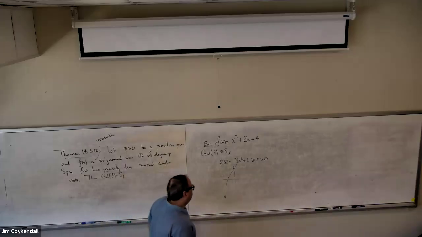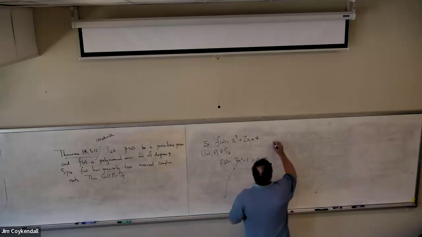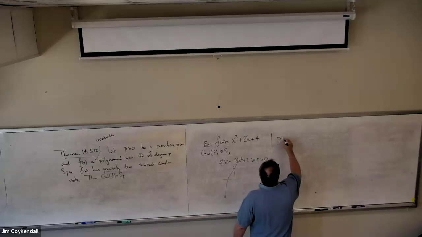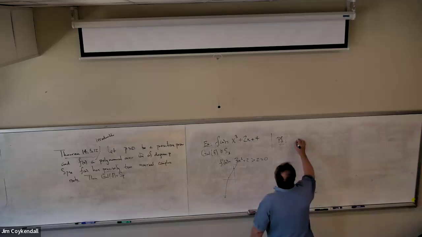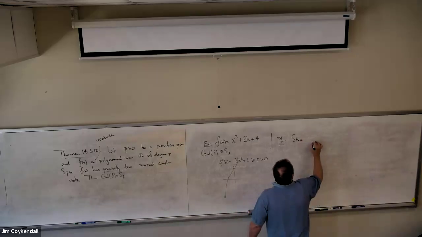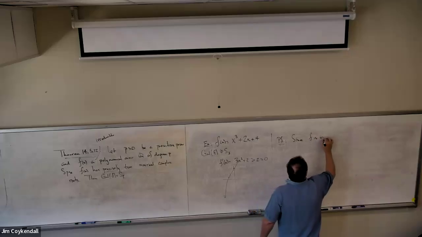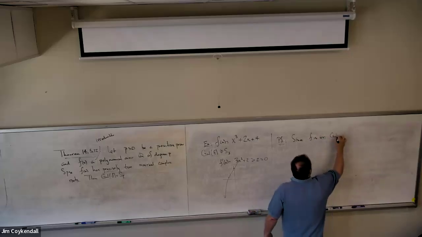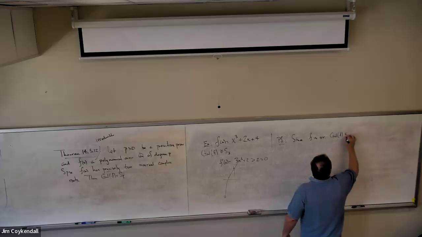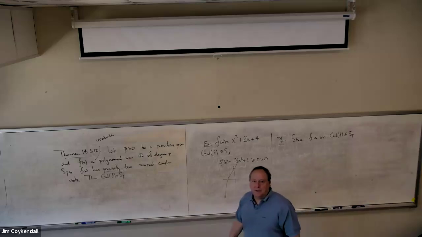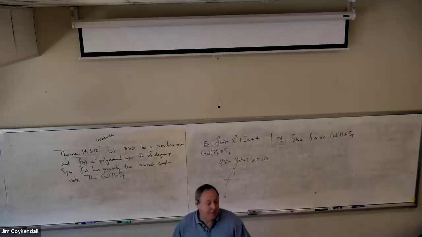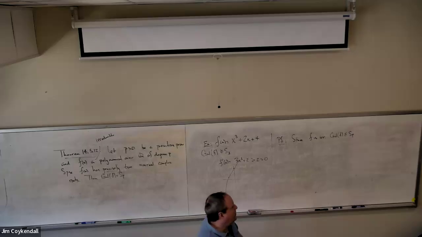Prime also turns out to be important as well. So let's see why this is true. Note that since f is irreducible, the Galois group of f is a subgroup of S_p, the symmetric group on p elements. But I know a couple of things about it.